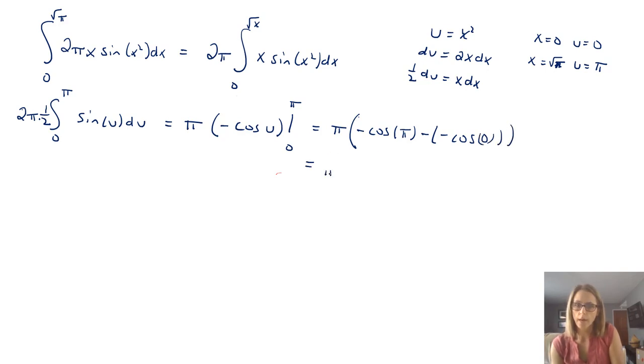So that'll give us pi times, cosine of pi is -1 times a negative is +1. Cosine 0 is 1 as well, so we have a minus, a negative, 1, or +1. So we get 2 pi.